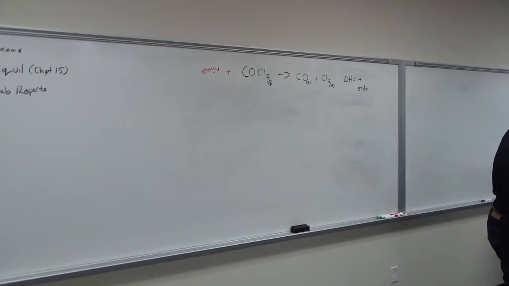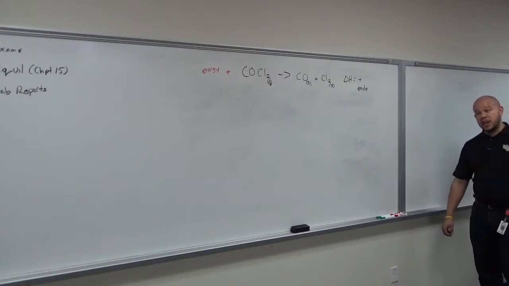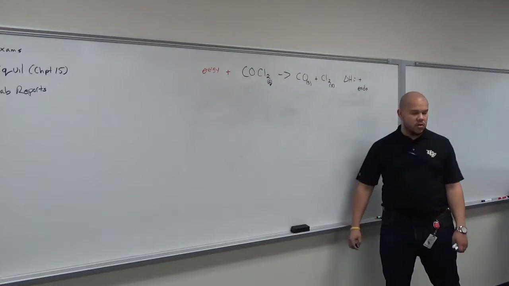So none of the product or reactant concentrations is changing. So this graph is a very good graph to show us that between 0 and 4, nothing is changing. No concentration changing.